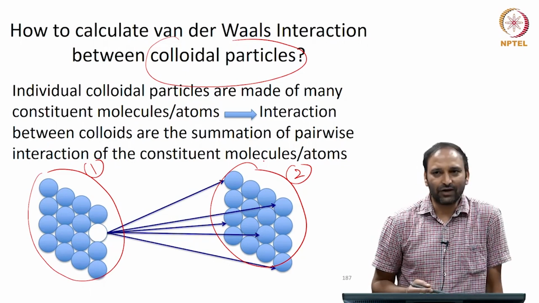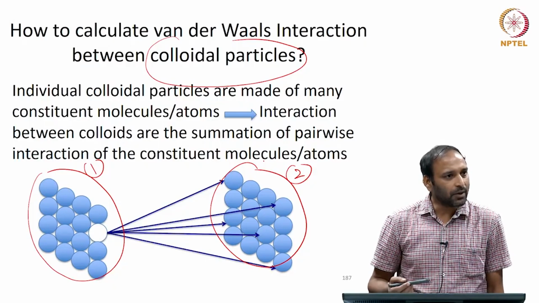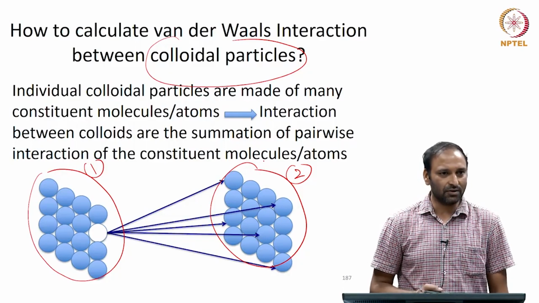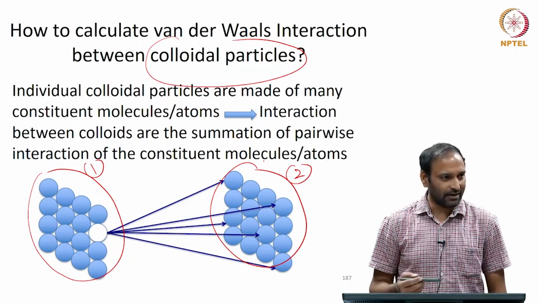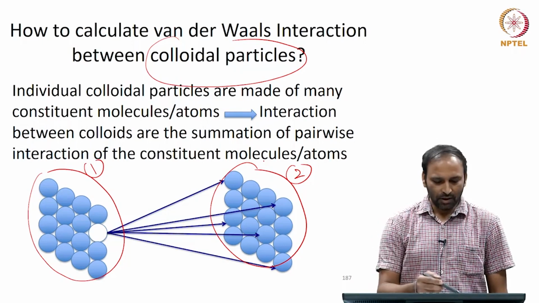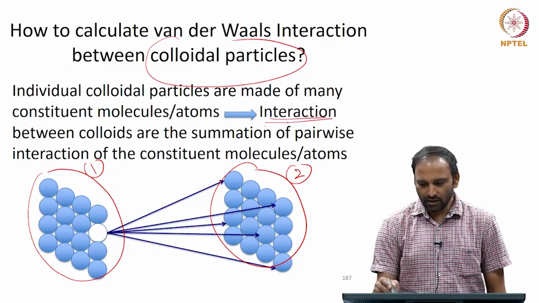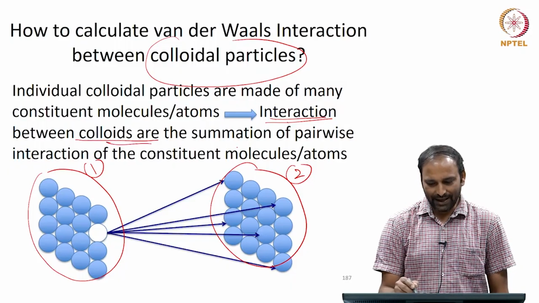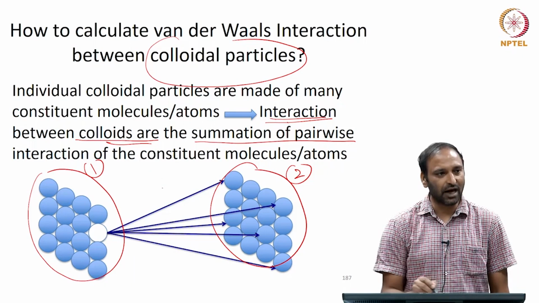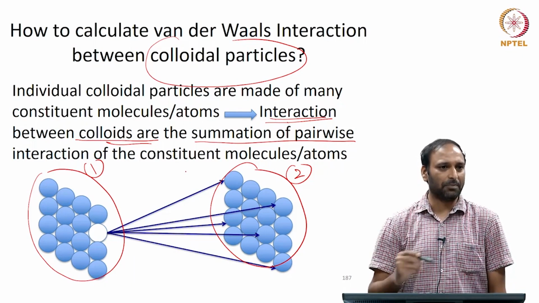In fact, if I know the size of the particle and its chemistry, be it gold, silica or anything, I should be able to calculate the number of atoms or molecules that constitute it. The interaction between colloidal particles is essentially the summation of the pairwise interactions of the constituent atoms or molecules that make up the particle.